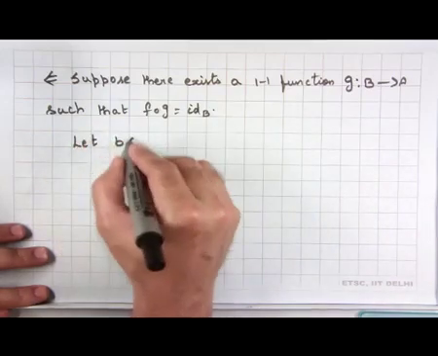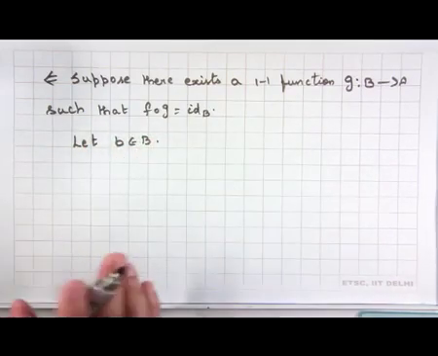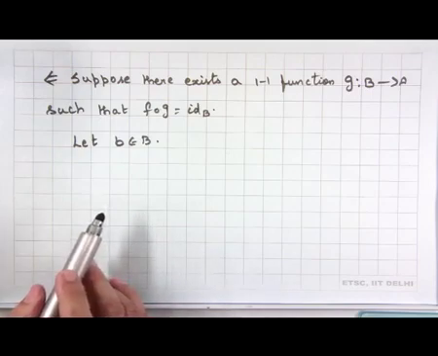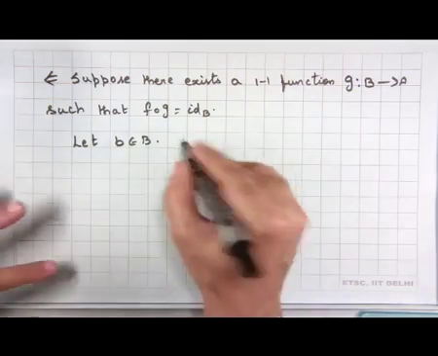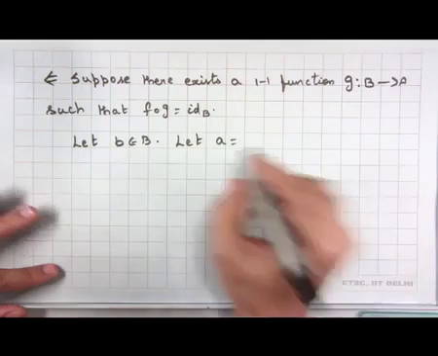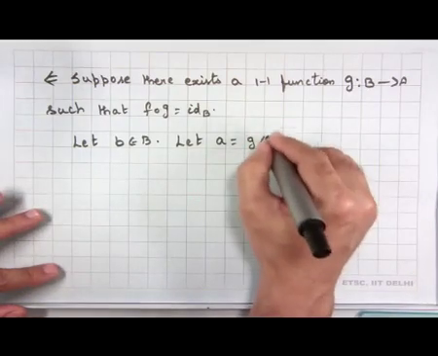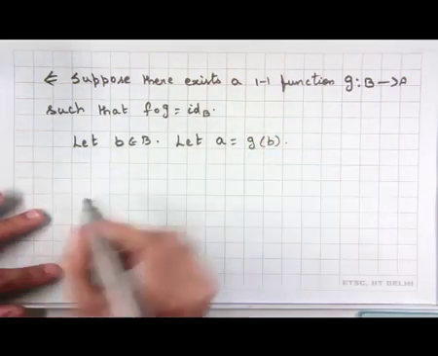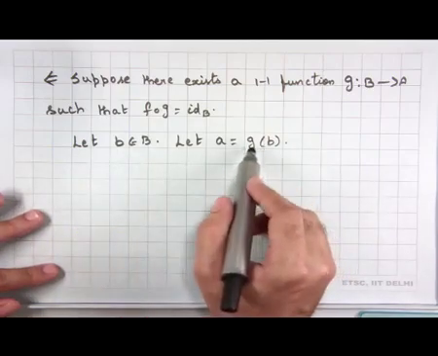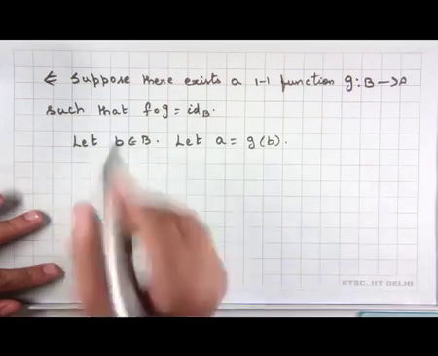Let b be in B. I will have to produce an element a in A such that f of a is b. So, the best choice is to choose a as g of b. Then I will have to show that f of a is b.